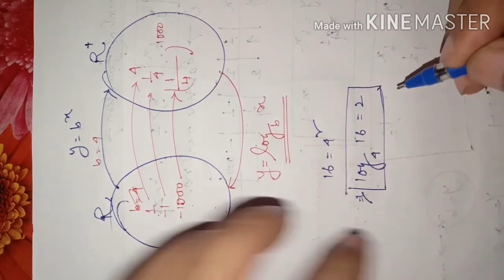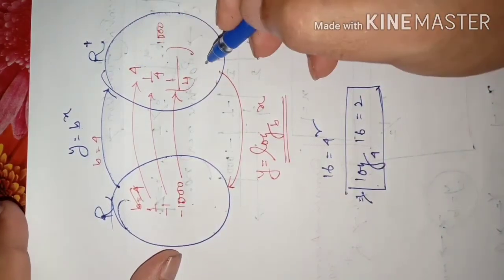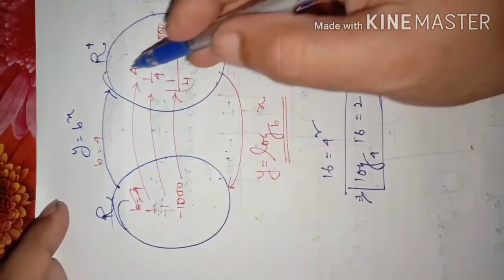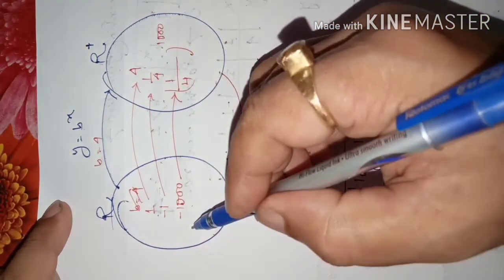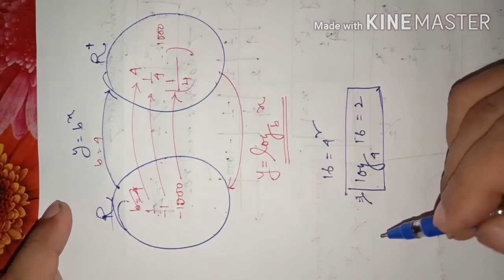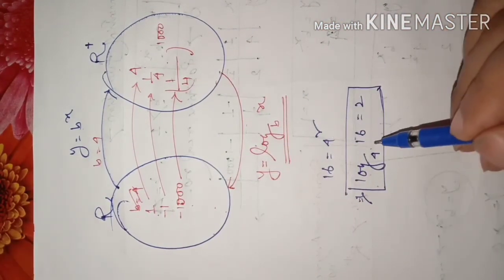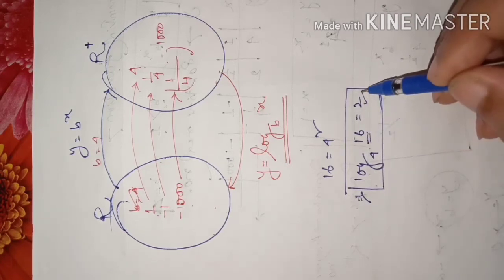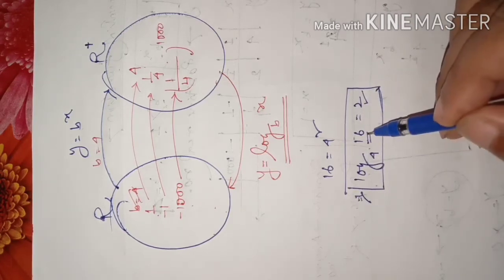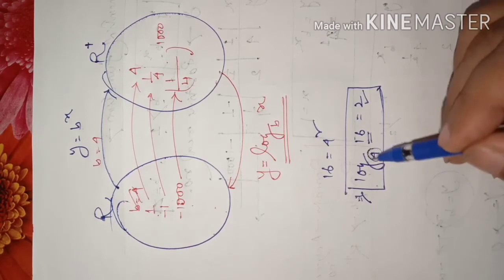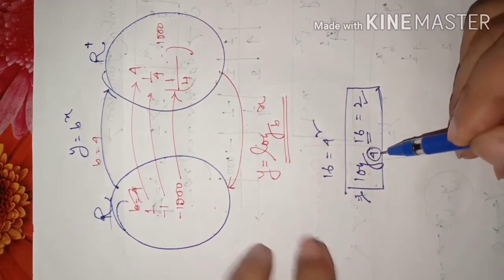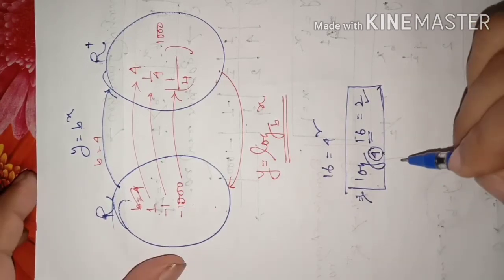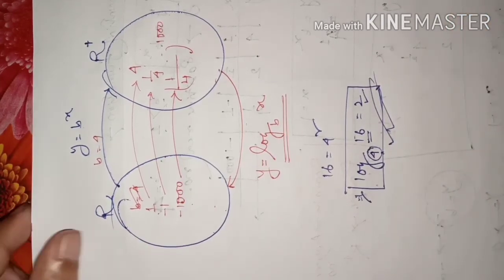So we are talking about that for every positive number there is a real number connected to it. This is a positive number, 16. For this positive number there is a real number 2 connected with 16 with a base 4, and this base must be greater than 1. So we are going to talk about this type of function.